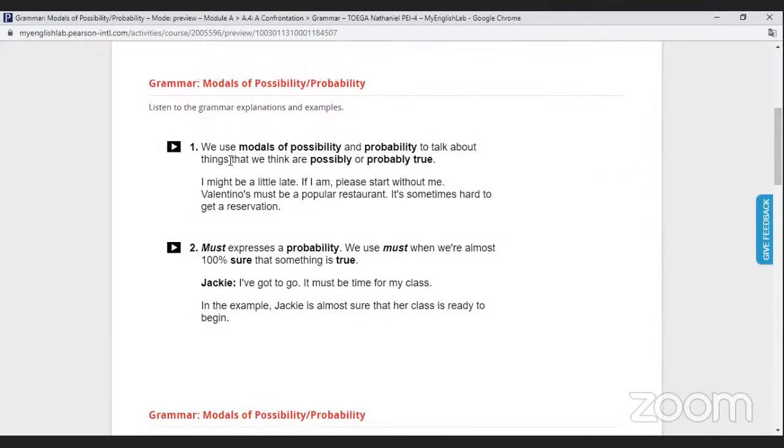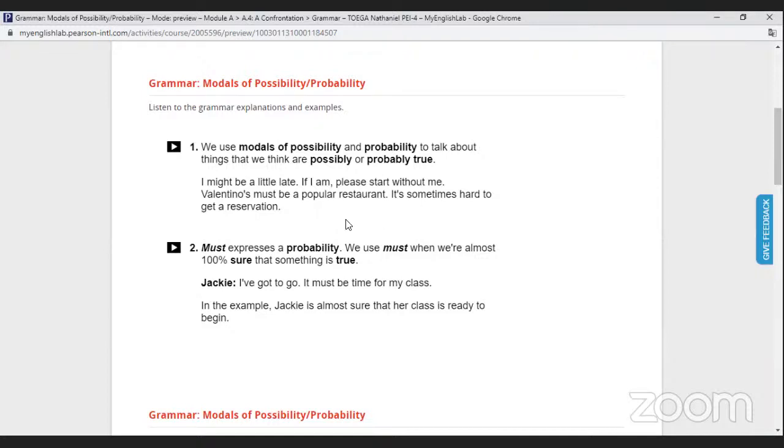Number 1, we use modals of possibility and probability to talk about things that we think are possibly or probably true, right? It might be a little late. Please start without me. Valentino's must be a popular restaurant.